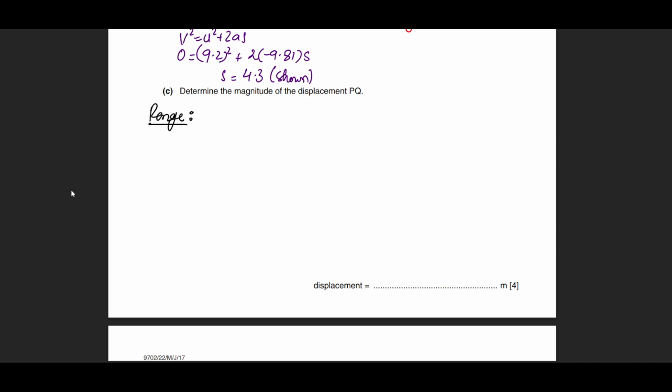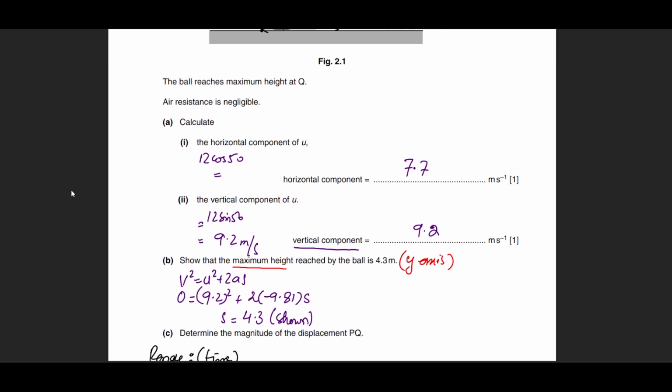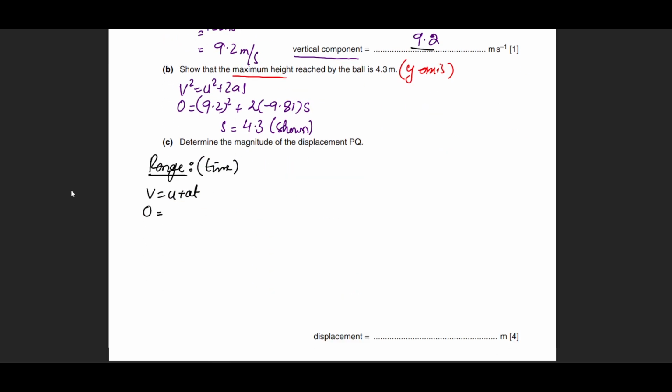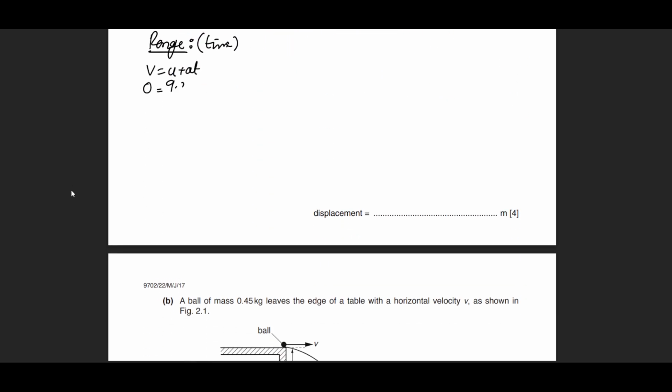To find the range, we need to find the time it took to go to that point. Since it was the time for the maximum height, we can use v equals u plus at to find out the time. While going upwards, its velocity would be 0, equals the initial speed at which we throw it upwards, 9.2, plus gravity is acting against it, so negative 9.81 with t.